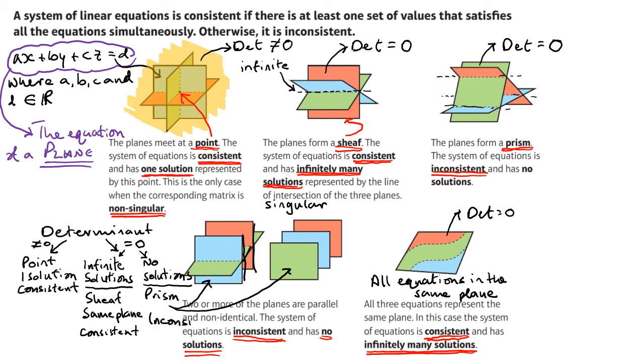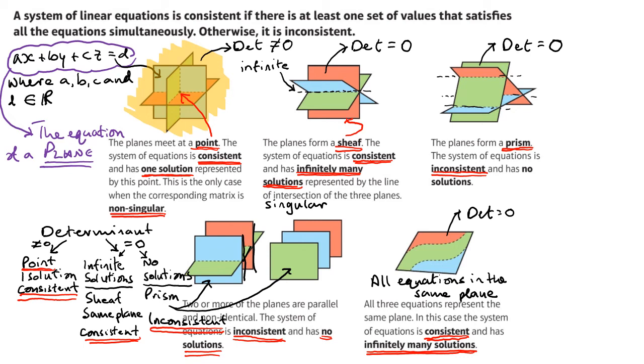So as long as there is some sort of solution or solutions, it's consistent. So a single solution or many solutions, consistent. If there are no solutions for all three equations, they are inconsistent. And if there's one solution, it will meet at a point.